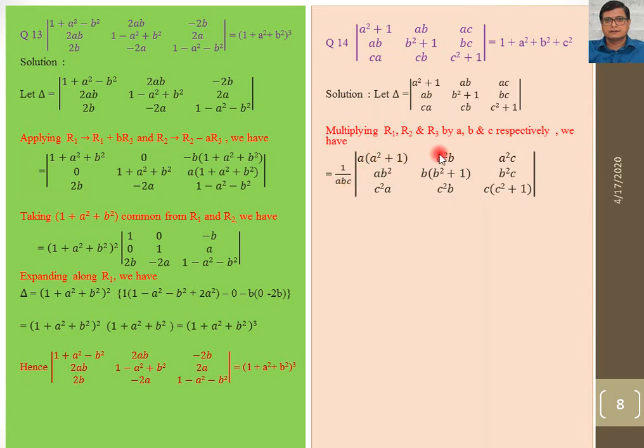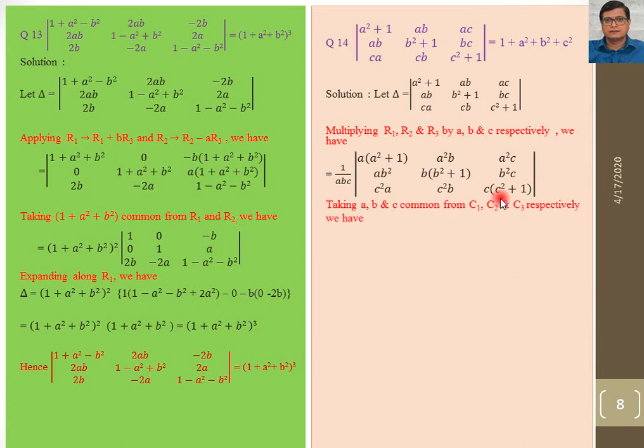So we are multiplying R1 by a, take 1 upon a outside the determinant. Multiply R2 by b, take 1 upon b outside. Similarly 1 upon c also outside the determinant. After doing this operation, what are you observing here: we have a common in C1, b common in C2, c common in C3. So we can take a, b, c common from C1, C2, C3 respectively.